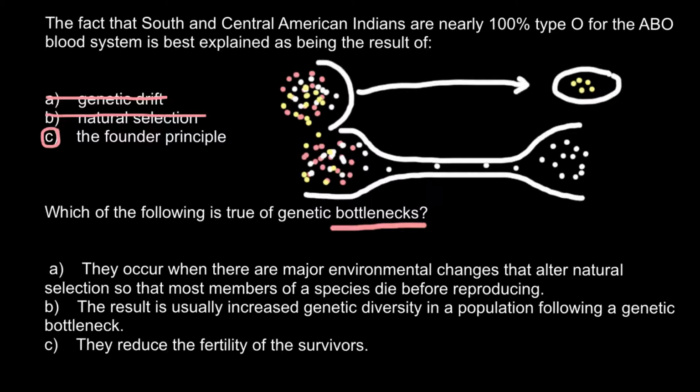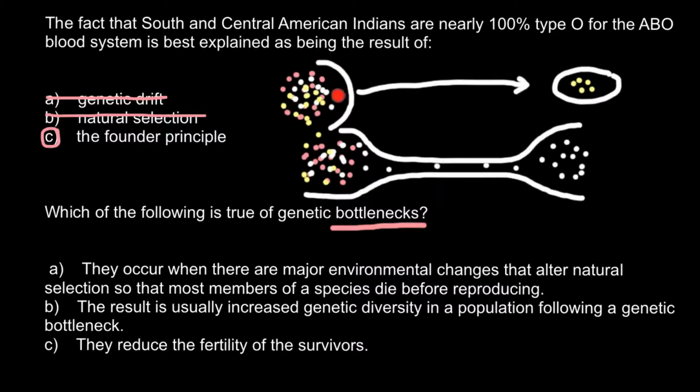Due to some environmental disaster, for example a fire, flood, or some disease, only a few animals, or it could be plants, would be left, and those that survive would establish a new community. But this is going to be in the same place, so no migration is taking place here.